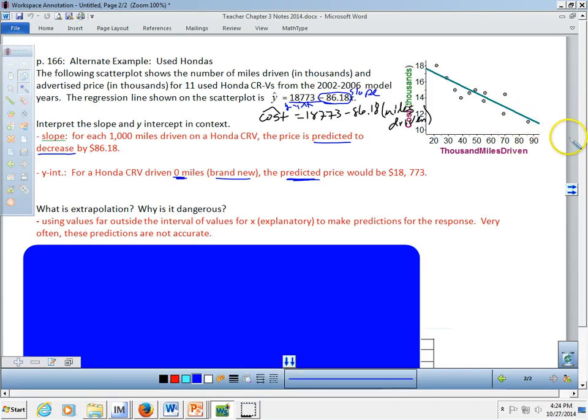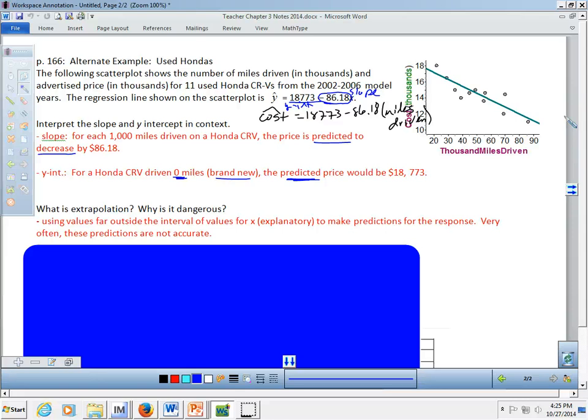I mean, for 150,000 miles, if this line continued to go down, then we're looking at a negative cost, right? So what does that mean? I mean, if I find a Honda CR-V that has been driven 150,000 miles, someone's going to pay me to take their car?